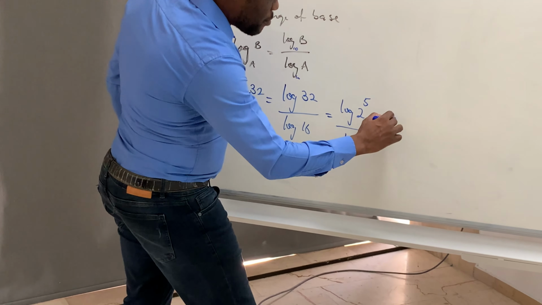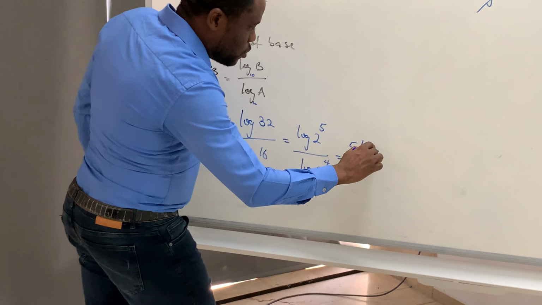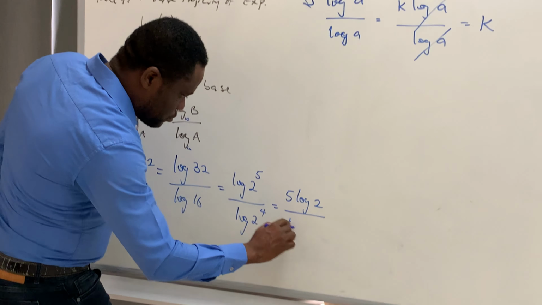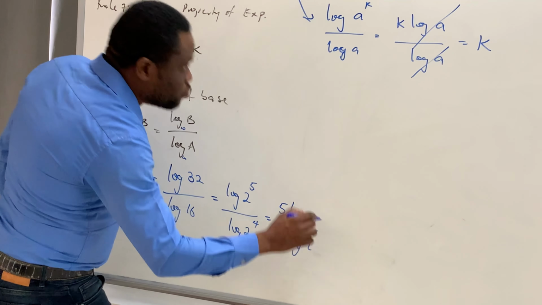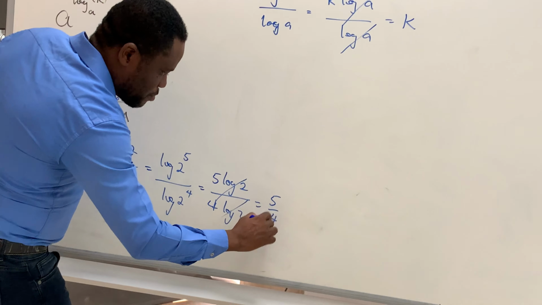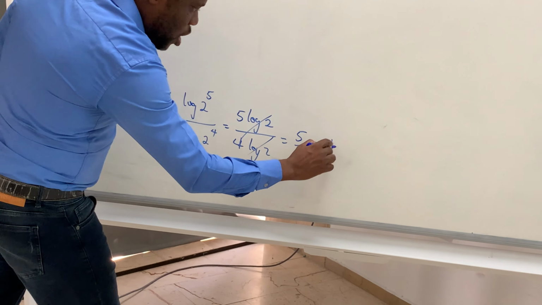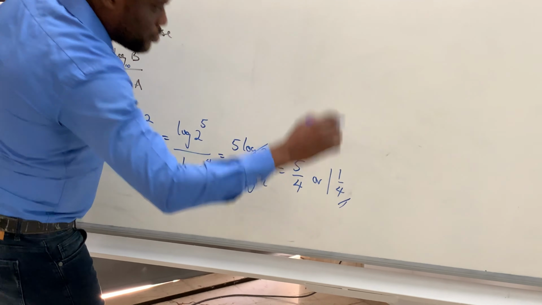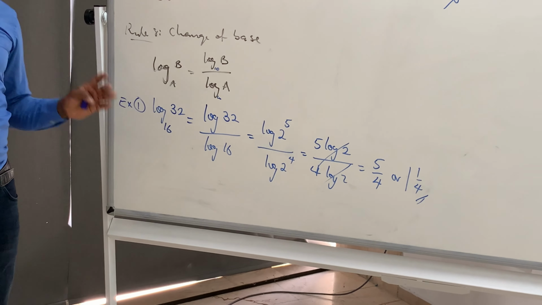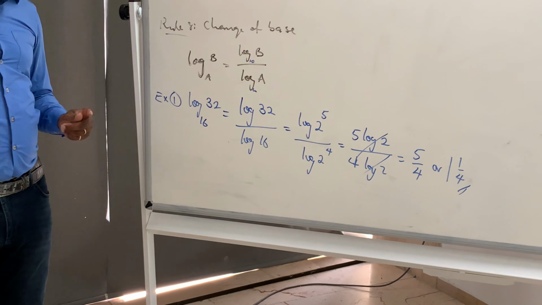So we have 5 log 2 divided by 4 log 2. And that is 5 by 4, or you say 1 whole number and a quarter. Very easy. Change of base is extremely important. Okay?